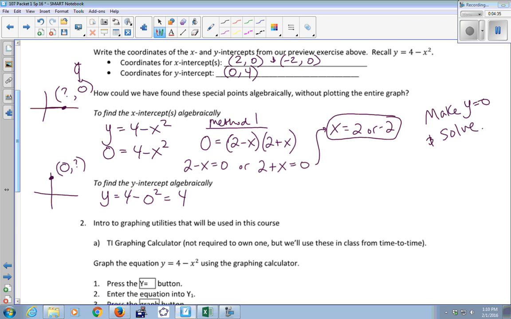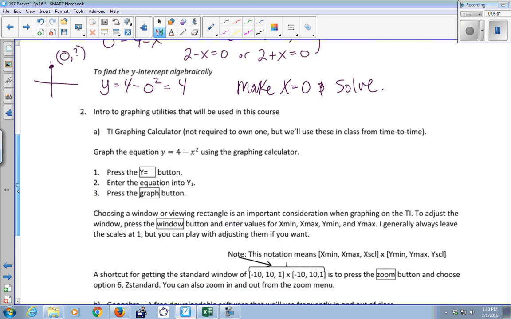So in general, to find y-intercepts algebraically, make x equal to 0 and solve. All right, so it's just a very brief introduction to x and y intercepts using algebra.